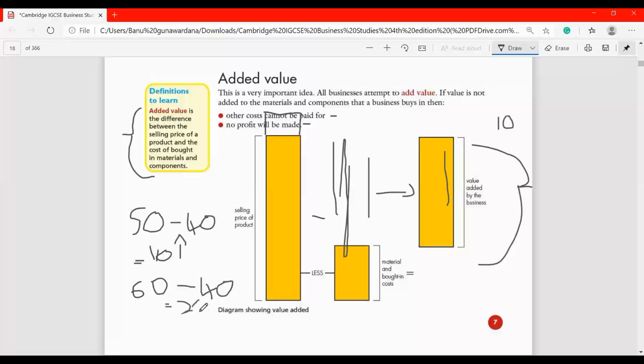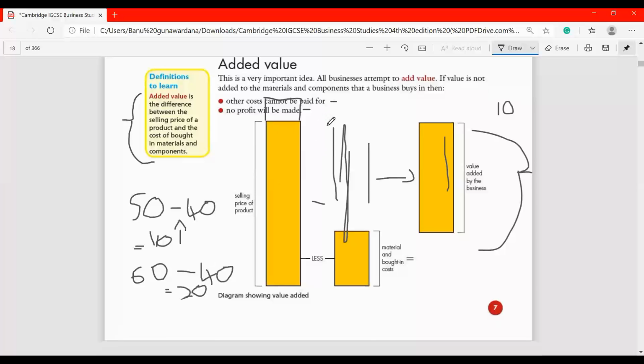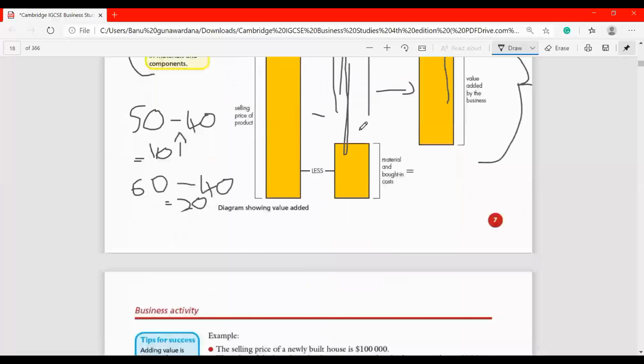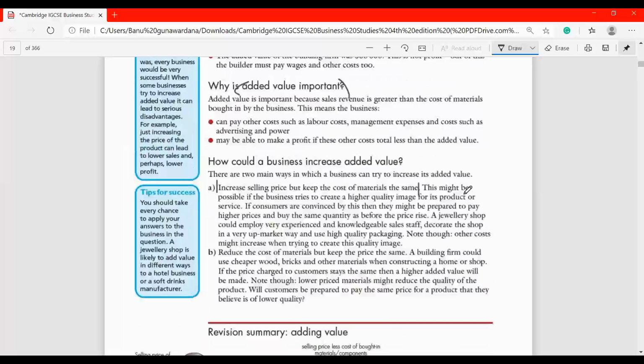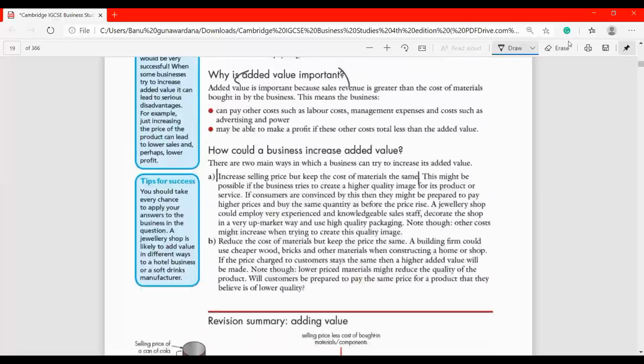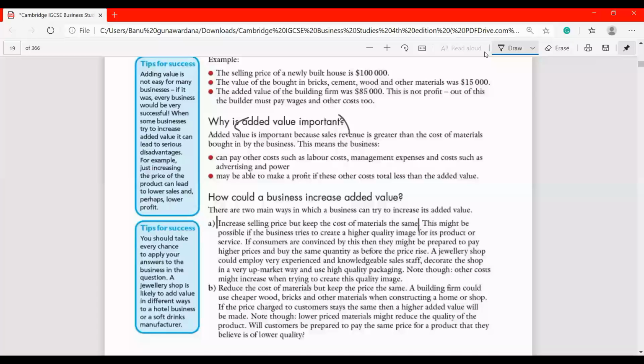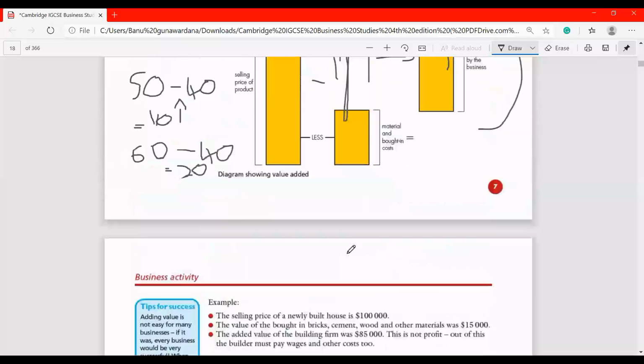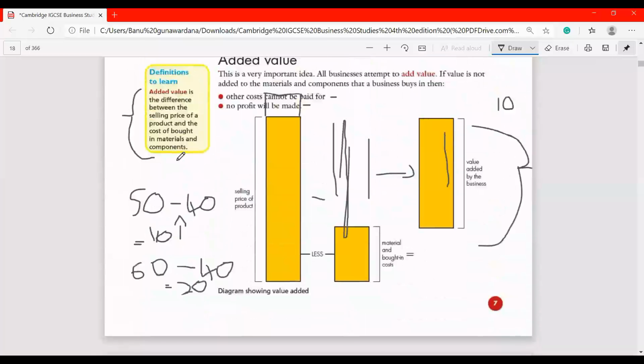Now your added value will be increased, which means profits will be increased as well as the availability of finance for the other costs. So increasing the price is done by a business to increase the added value.